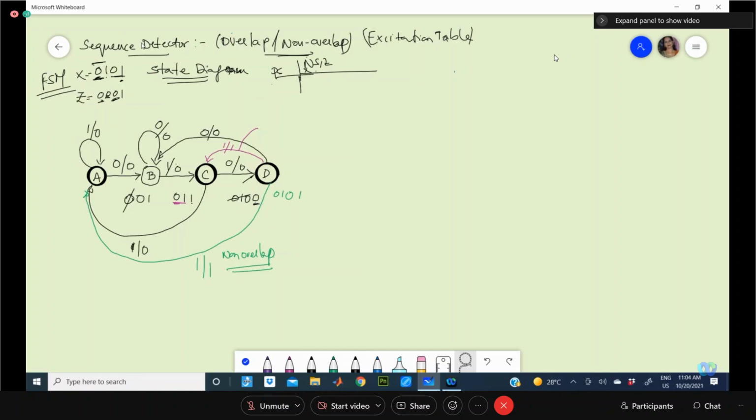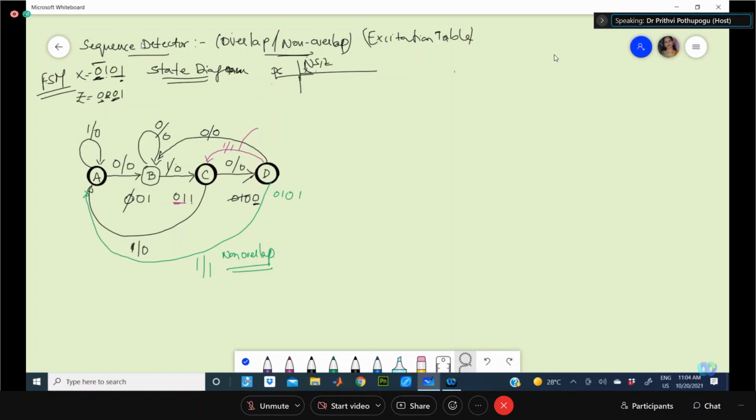First is deriving the state table or state diagram.